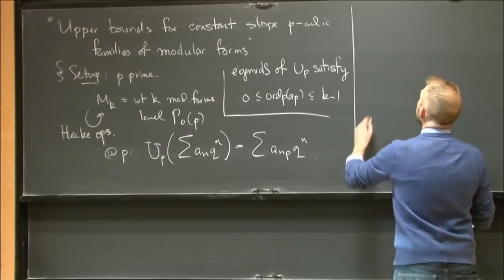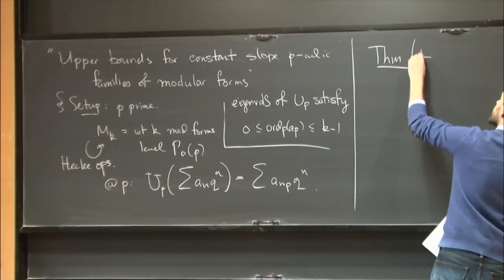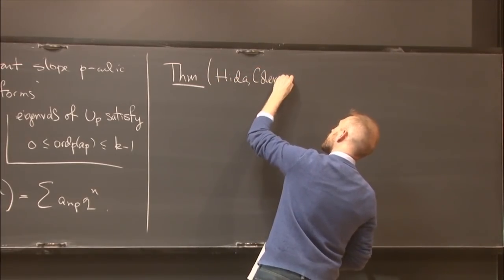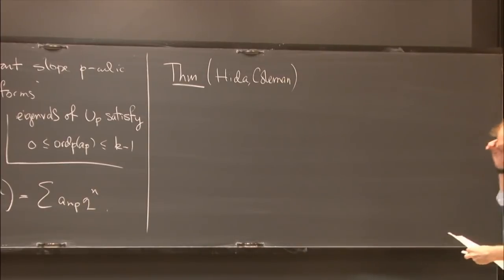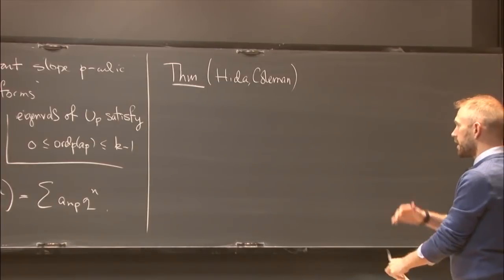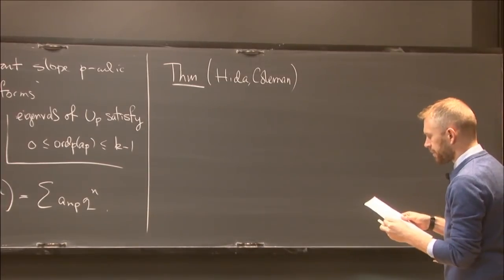So then the starting point of the investigation is a theorem of Hida in the 1980s, in the special case where a_p is a p-adic unit, and Robert Coleman, maybe a decade and a half later, in general.